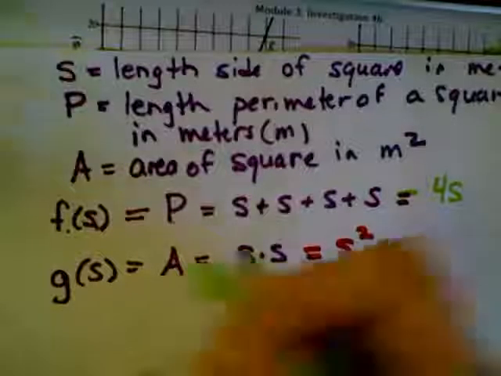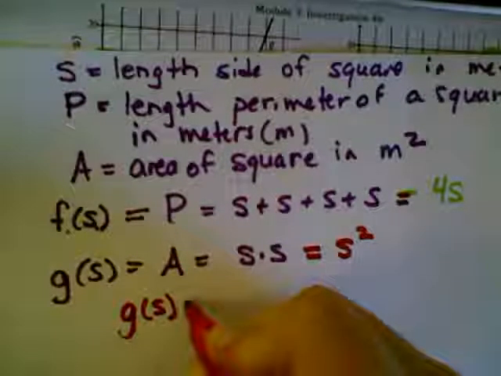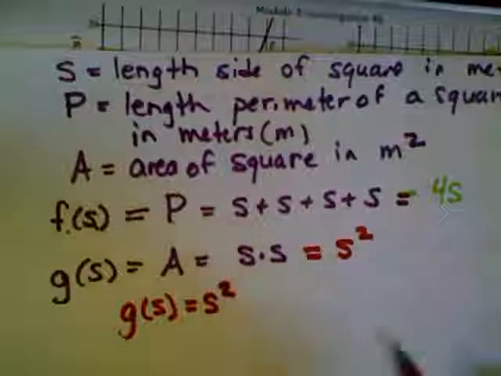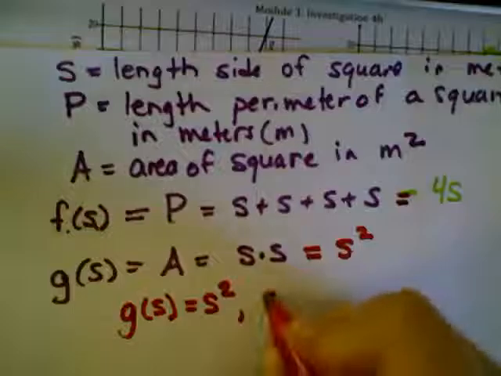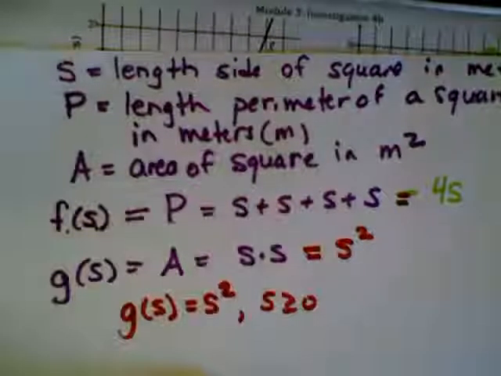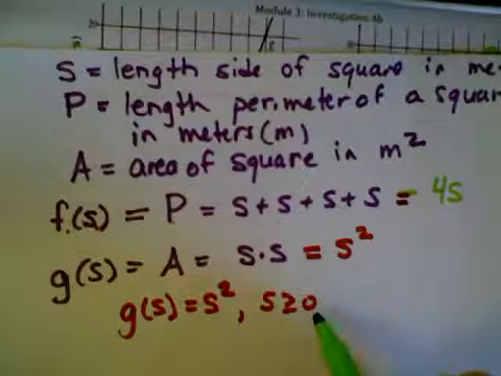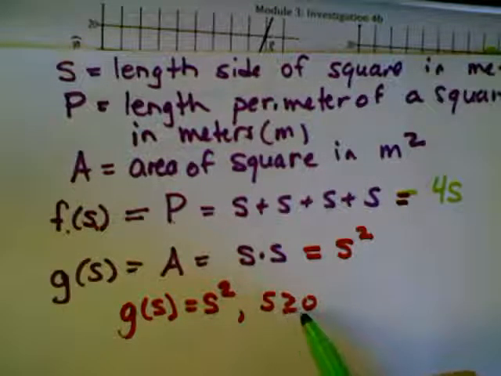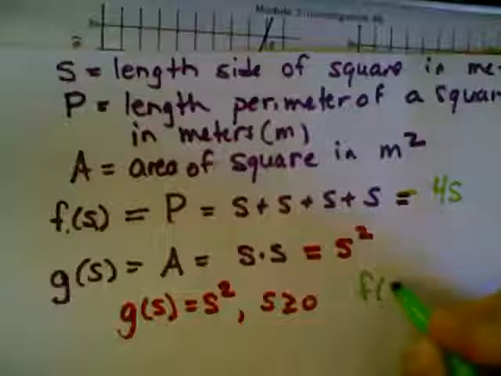They didn't write it in your Pathways student textbook. The author didn't. But function g, on the left graph, is a quadratic rule, s squared. And the values of s that they've displayed would be positive values, and maybe 0, though we wouldn't have a square.